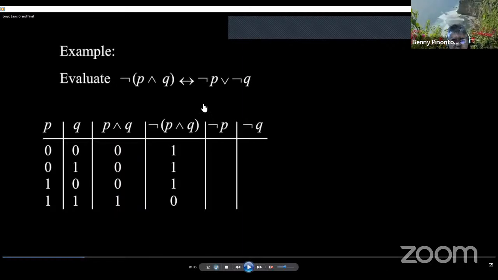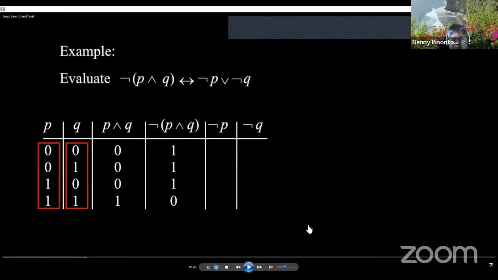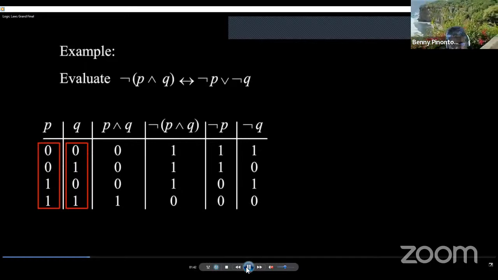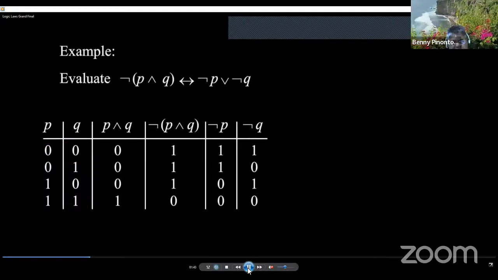And then we have not-P and not-Q. Some people prefer to say not P, not Q, but some people say non-P, non-Q. It doesn't matter for us, as long as you understand what it is. Non-P is the opposite of P, and non-Q is the opposite of Q.